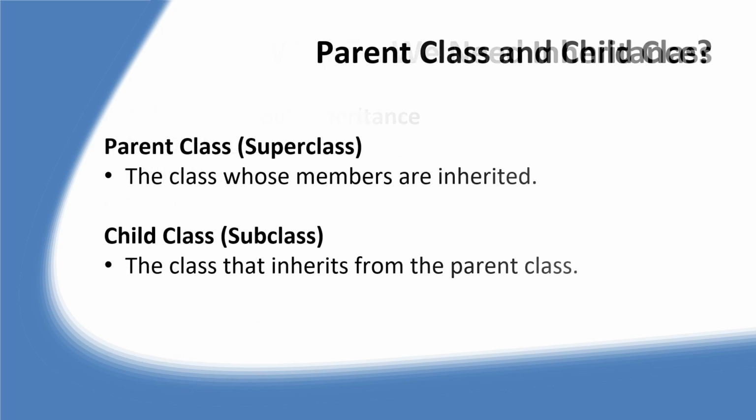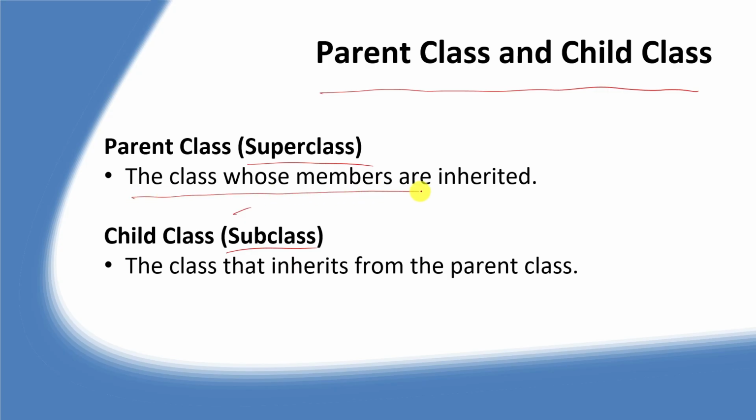Now we use different terminology actually. Somewhere we will use parent class and child class, somewhere we'll use superclass and subclass. The meaning is the same. So what is written here is: the class whose members are inherited. We should be able to identify which class is parent and which class is child.